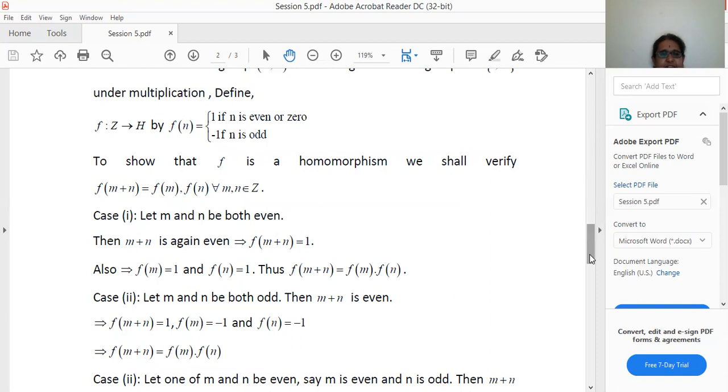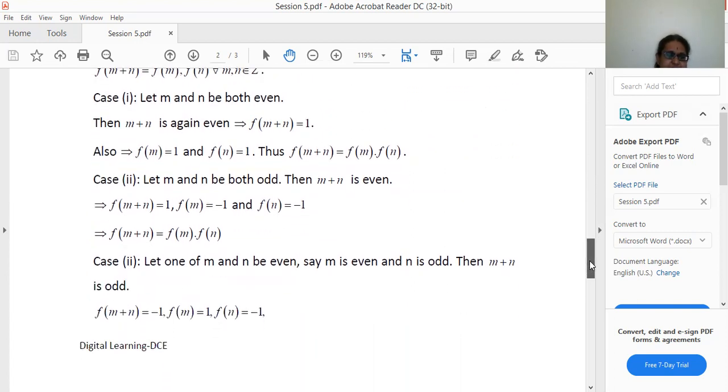Now f of m plus n is 1, f of m is minus 1, f of n is minus 1. So minus 1 into minus 1 is 1. So we get 1 is equal to 1. So in this case, that is when both m and n are odd, f is a homomorphism.